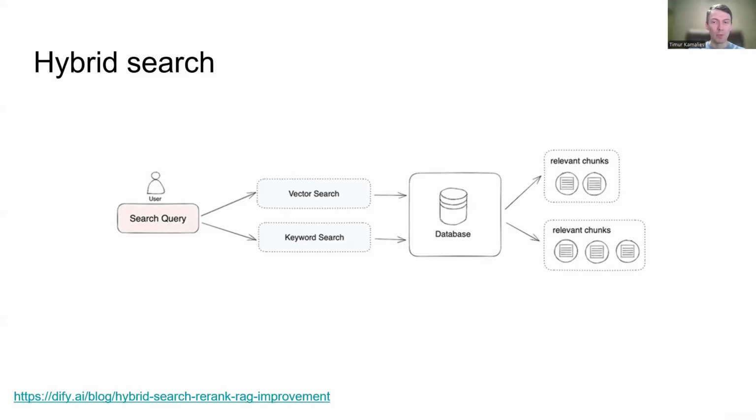Keyword search is more about one-to-one match over the words. So the idea of hybrid search is to combine both approaches in one pipeline. And the question is how we can do that.